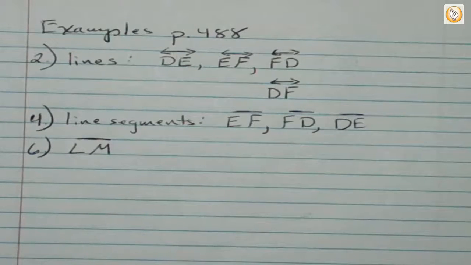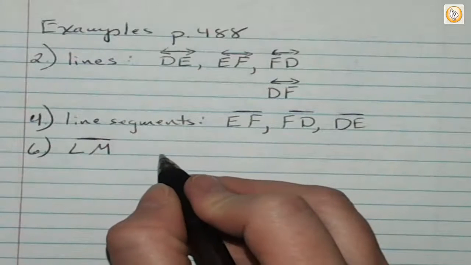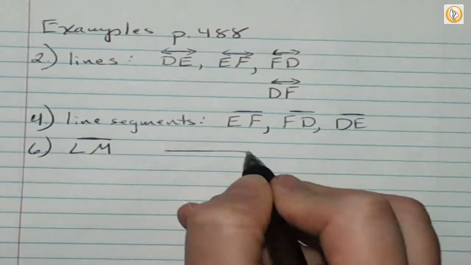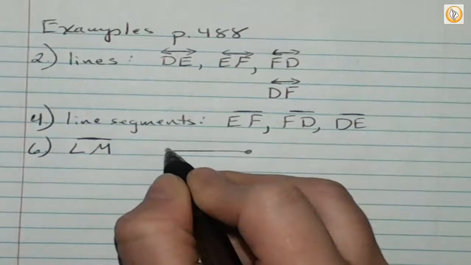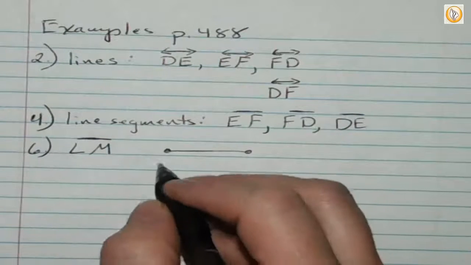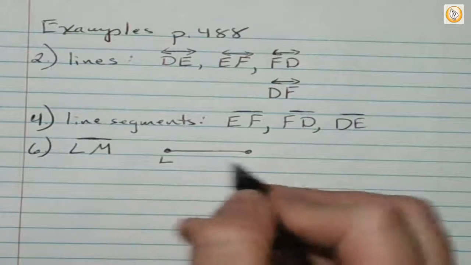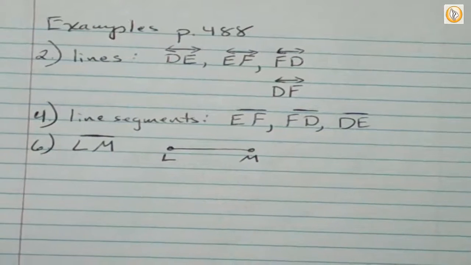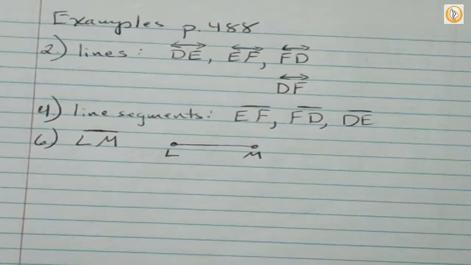That's a line segment. So how would I actually draw it? Two endpoints. Very good. That is your line segment LM. Any questions so far?